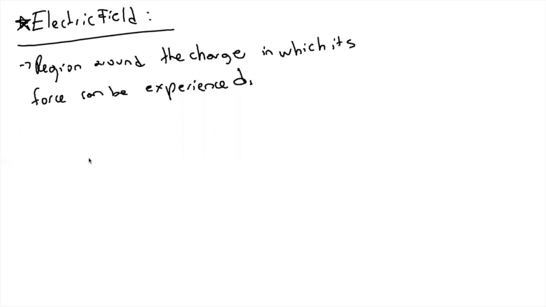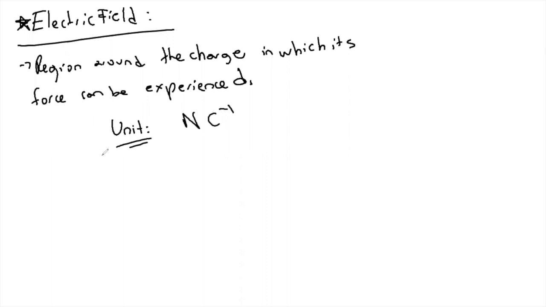All right. The unit of electric field is N per C. Why is it N per C? Well, because this is basically the main unit of electric field strength, force per unit charge. Charge is in coulombs and newton is the force, right?